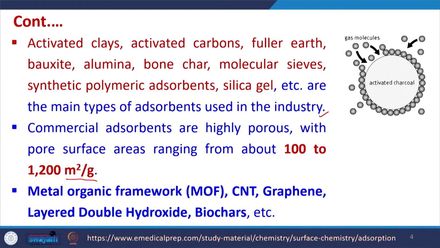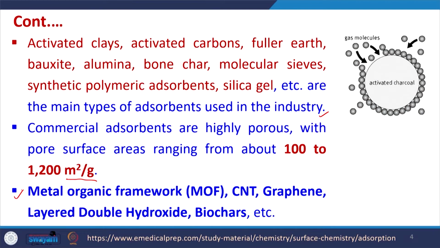So, increasing the pore surface area is one of the most important features which all the scientists are targeting, and they want to have the material which can have the largest surface area possible, so that they can increase the capacity of these adsorbents with respect to removal of pollutants out of the water.